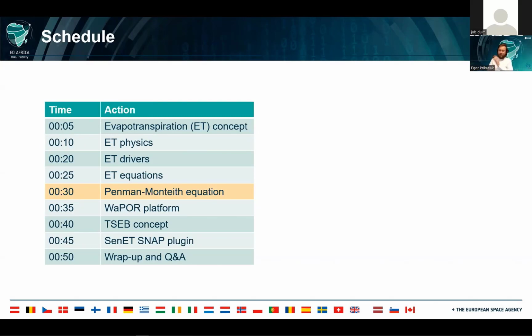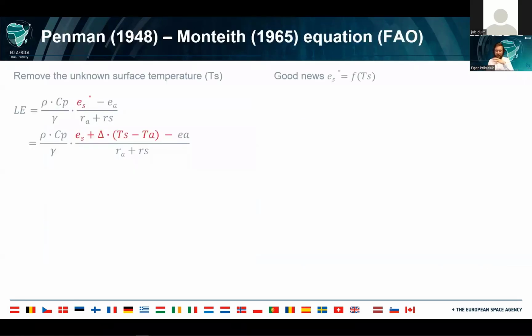Penman-Monteith equation. So you understood the challenge that we face is that we depend on the surface temperature. So let's remove this dependency. Let's try to somehow remove the surface temperature or estimate it.